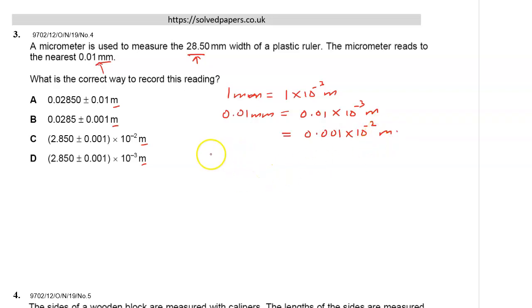Now, you can also convert the 28.50 millimeters into meters, and what you're going to get is 28.50 times 10 raised to power minus 3 meters. And you can also bring this to 10 raised to power minus 2, so this will be 2.850 times 10 raised to power minus 2 meters.